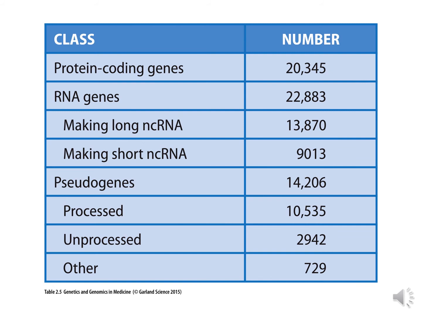The most recent GenCode data might suggest that there are close to 22,000 RNA genes, but the functional status of many putative RNA genes remains unproven. This table shows the relative distribution estimates of various types of genes within the human genome.